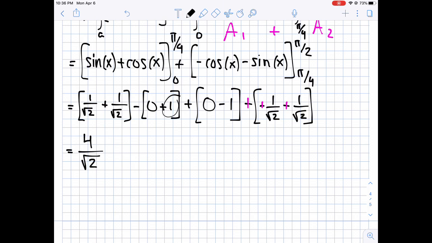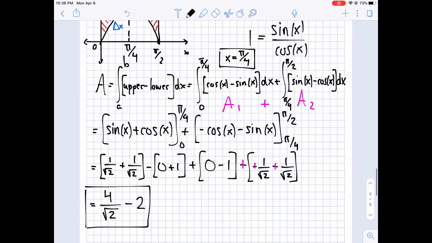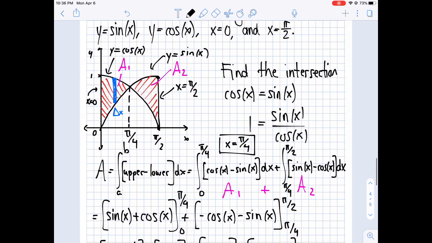And then we have a minus 1 and another minus 1, so we end up with minus 2. Now, we could simplify this, but I am just going to leave it as is. That's going to be the area of the region bounded between sine x and cos x, and also bounded between x equal to 0 and x equal to pi over 2.